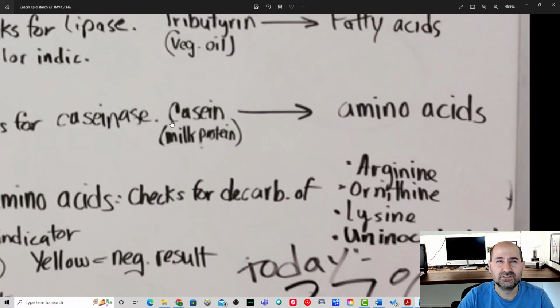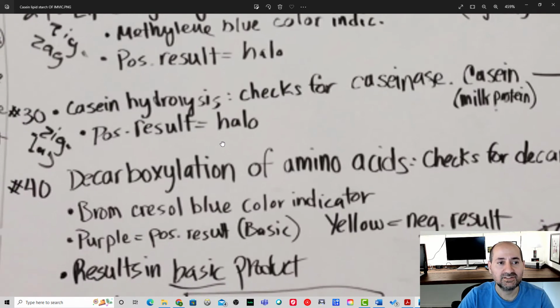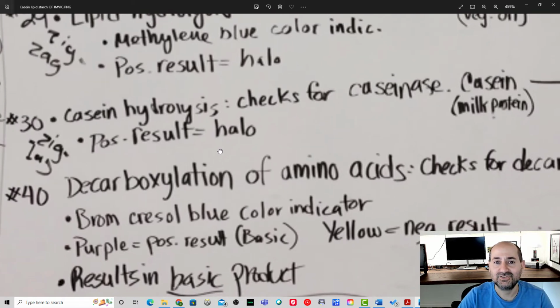That's why it has this opaque white color. If the bacteria can produce caseinase, then the bacteria can break down casein into amino acids, and this gives you a clearing or a halo of no white color around the bacterial growth. So if you have a halo lacking the white color around the bacterial growth, this is indicative of caseinase.